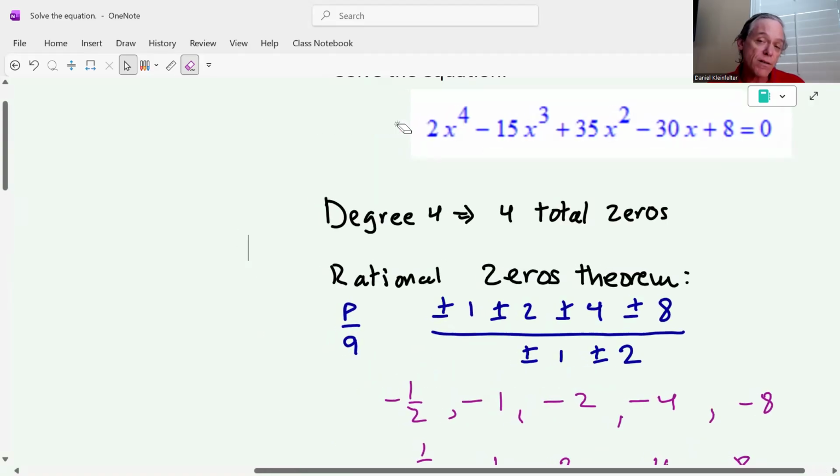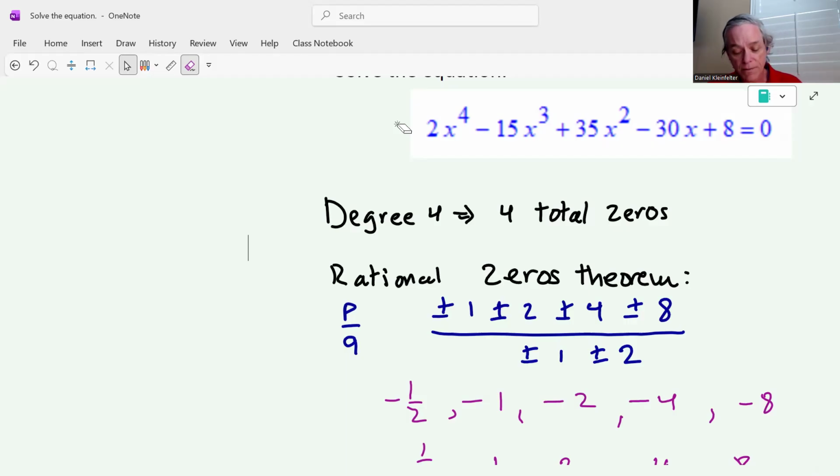From the rational zeros theorem, we can take a look at the constant term, which is 8, and the factors of 8 are plus and minus 1, 2, 4, and 8, and those make up the numerator of the fraction you see here on your screen. The factors of the leading coefficient, which is 2, are plus and minus 1, plus and minus 2.